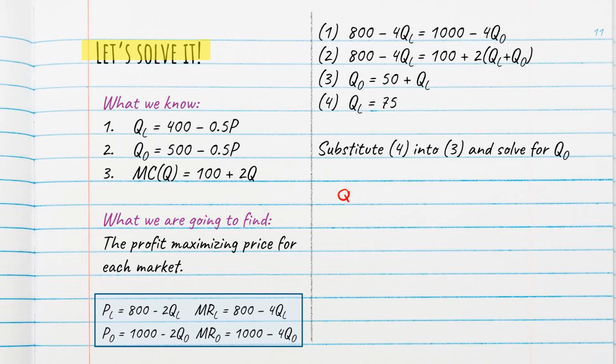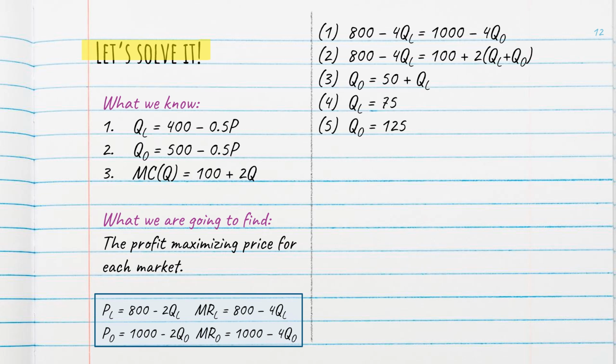So QO is equal to 50 plus 75, which is 125. So we have successfully applied that optimality condition in order to find that we should sell 75 units or memberships to locals and 125 to others.